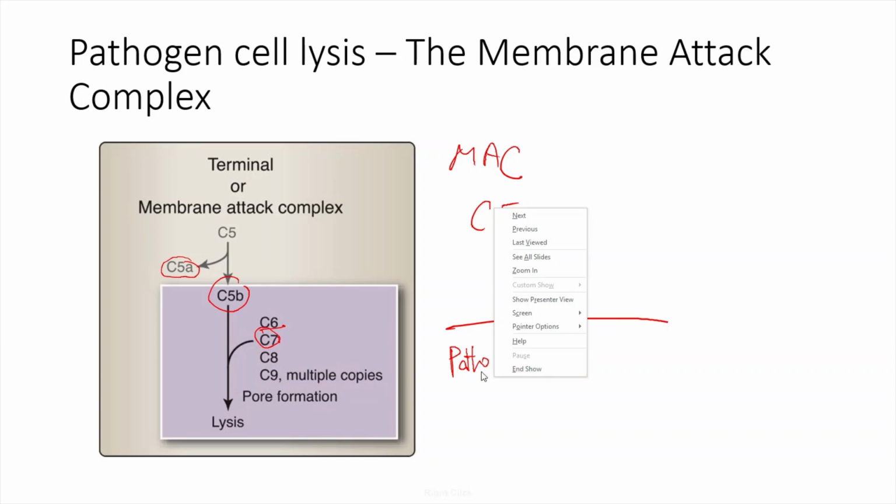And here we have our pathogen. All these complexes form an anchoring point, and you have C5, 6, 7, 8 already assembled.